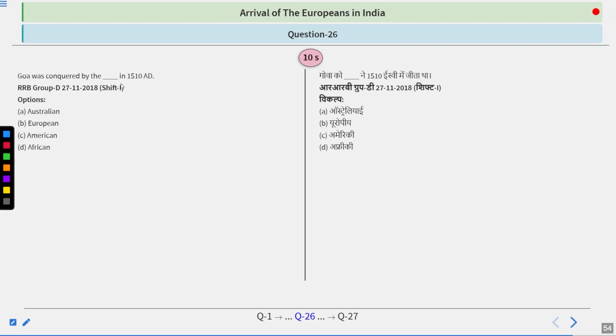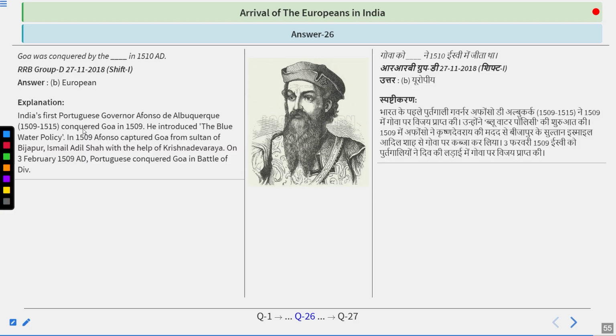Goa was conquered by dash in 1510. Options: Australian, European, American, or African. Try to find out the answer. And the answer is quite right. The answer is European. India's first Portuguese governor, Alfonso de Albuquerque, conquered Goa.